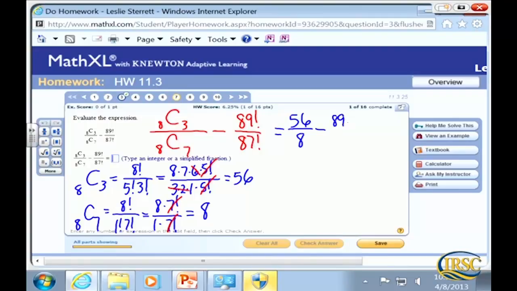So 89, 88, 87 factorial will cancel with the 87 factorial that's already there. Okay, so now canceling some more, the 87 factorials cancel. What is 56 divided by 8? 7. So I'm left with a 7 there. So I have 7 minus, and then what is 89 times 88?